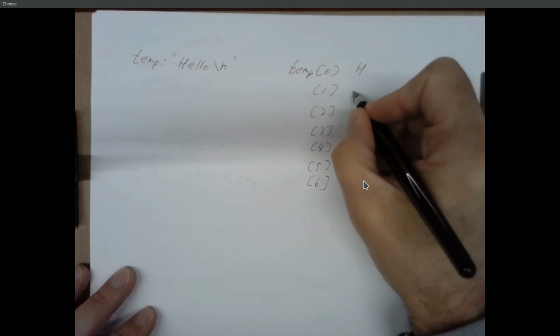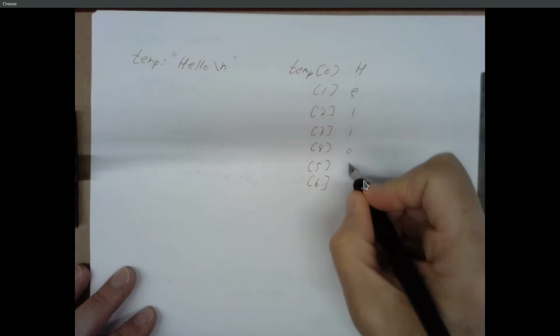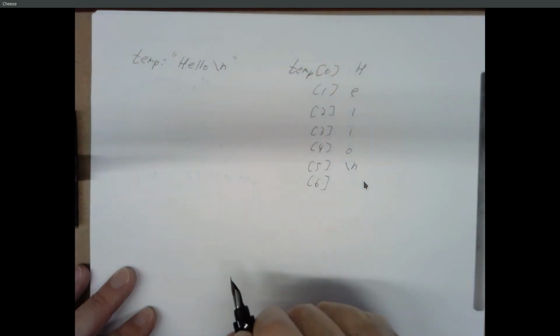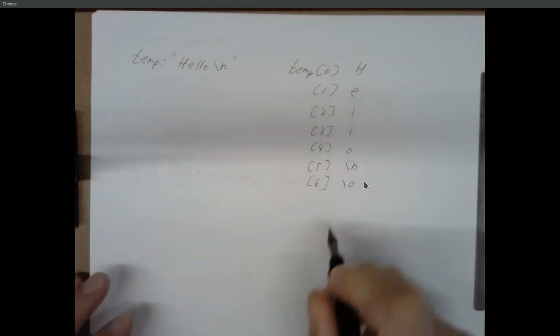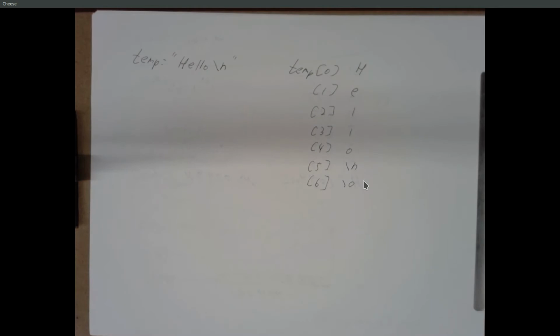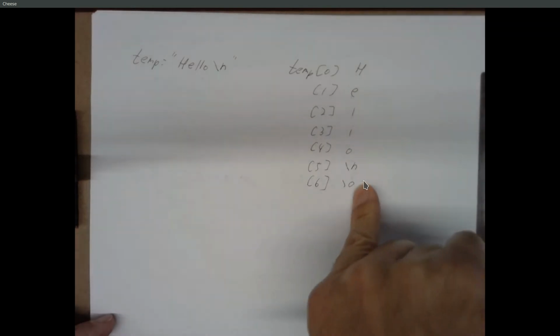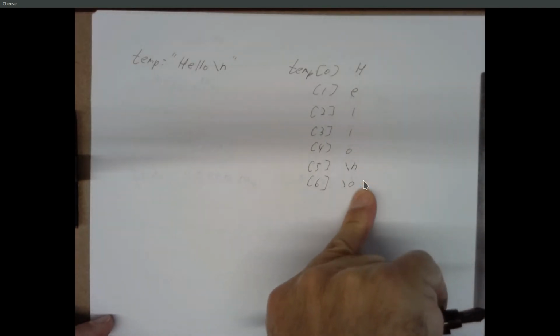We have H, E, L, L, O, and then a new line, and what's stored in the next position? Null terminator, character 0. Null terminator is just ASCII code 0. And so when we print out the value of temp, what does printf do? It starts printing until it finds a null terminator, and then it gives up. So it only prints that much of it.